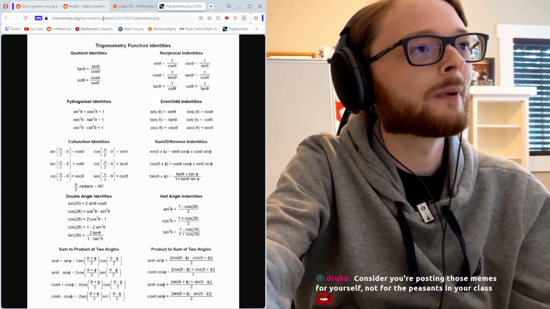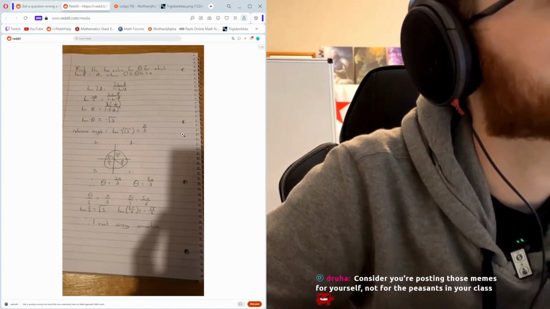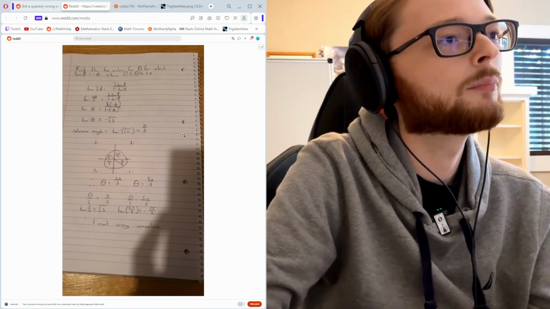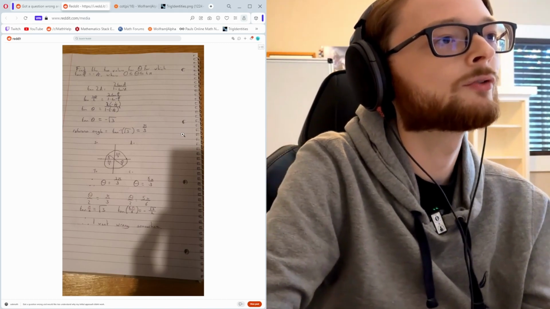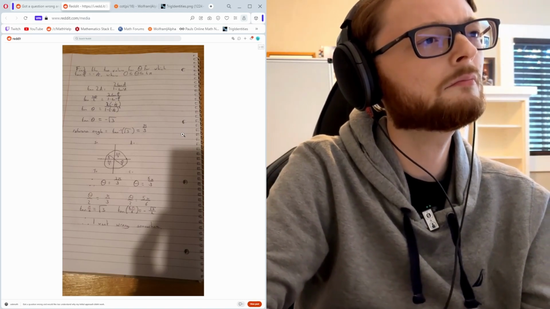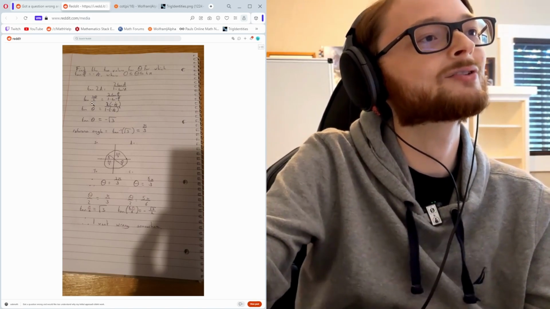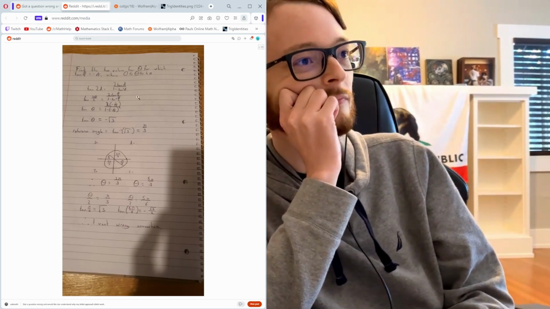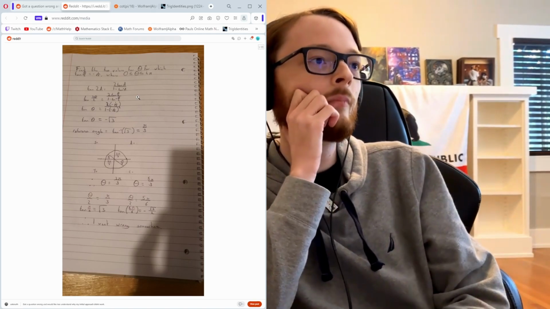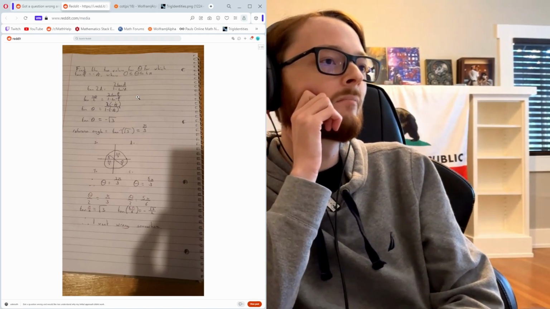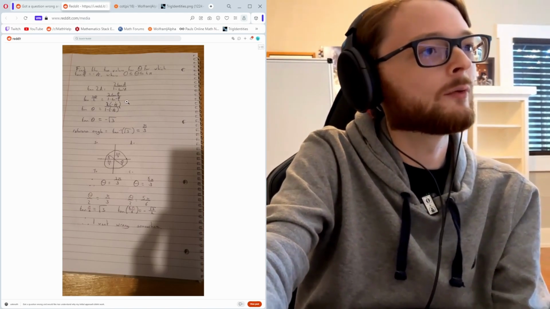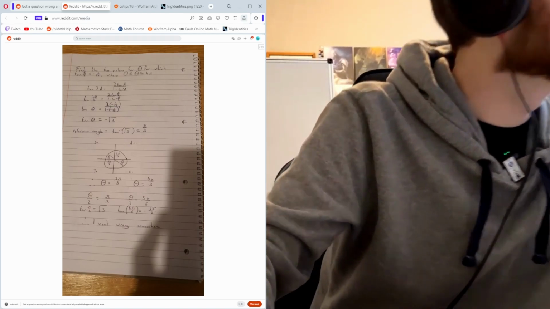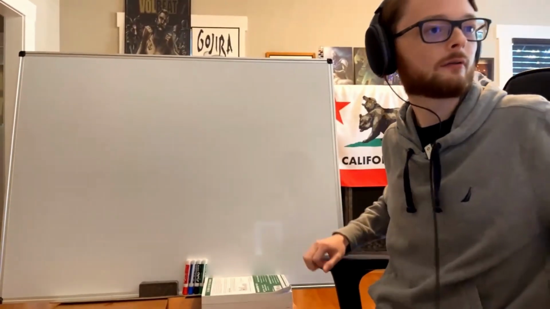2 tangent theta over 1 minus tangent squared. Okay, they did get the identity right. And they plug in theta over 2 for everything, which is good. And they get tangent of theta over 2 equals minus 1 over root 3. Interesting. That seems like it boils down a bit too nicely, though. I want to pick it up from this step here in this little fraction and verify that part.